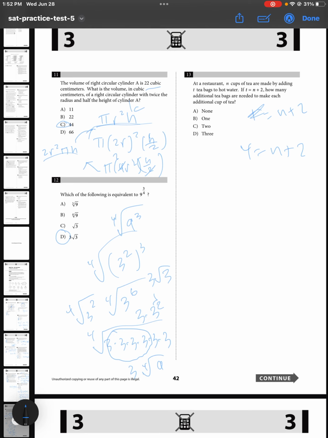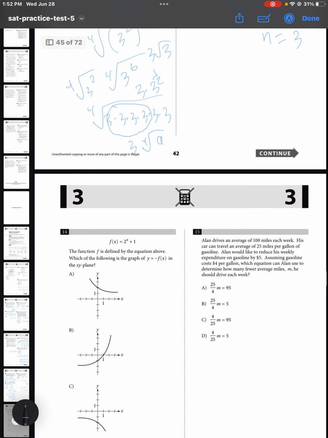N has to be 3. That's how many they're made. Then say it's 5 equals n plus 2. Oh, no. Sorry. N is 2 here. Then add 1 tea bag, and you get 5 equals n plus 2. N is 3. So for every 1 more tea that's made, 1 more tea bag is added, so just 1, because they both have a slope of 1.